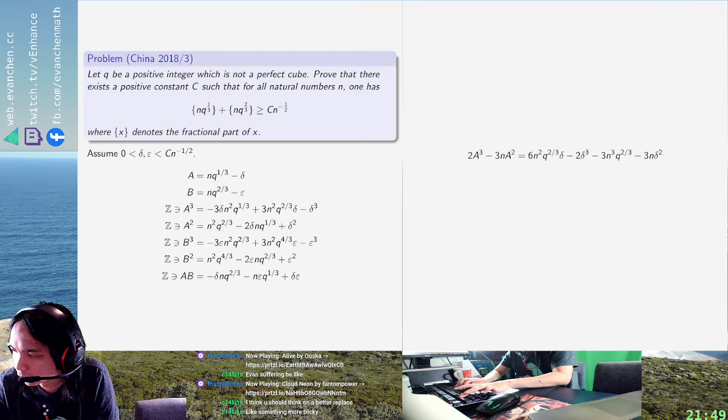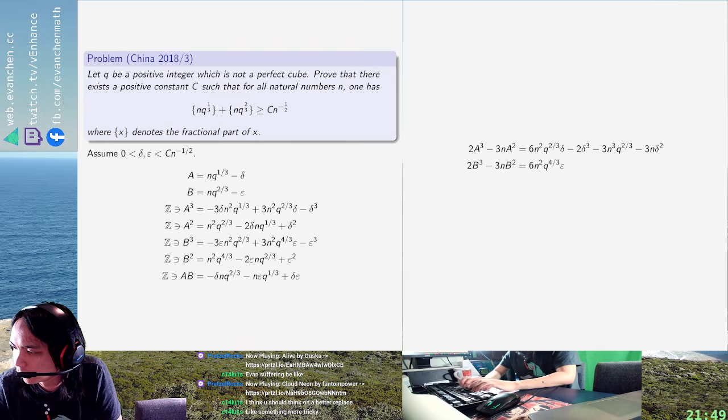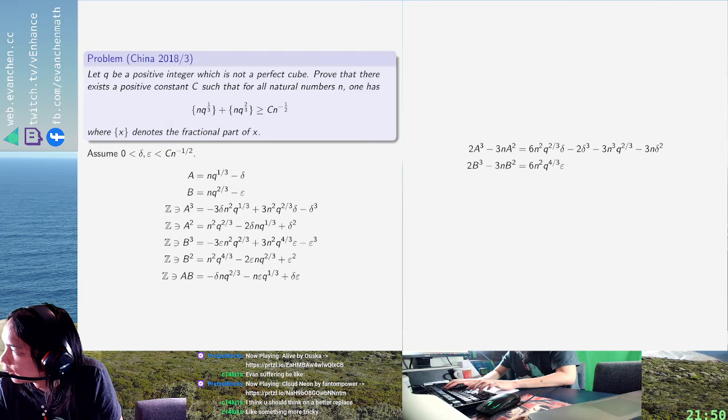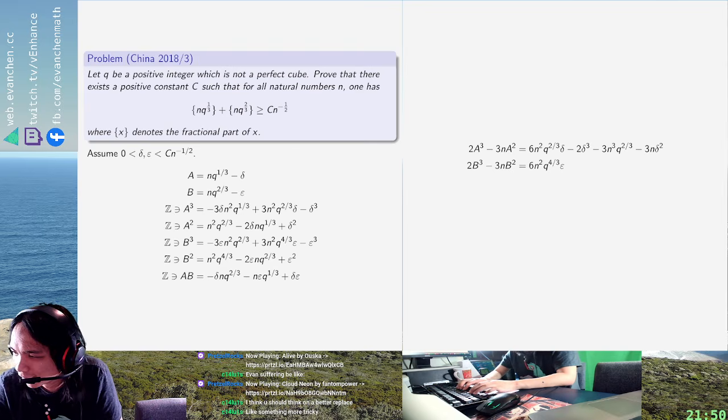It's going to be 6n squared q to the 4/3 epsilon minus 2 epsilon cubed minus 3n cubed q to the 4/3 minus 3n epsilon squared.